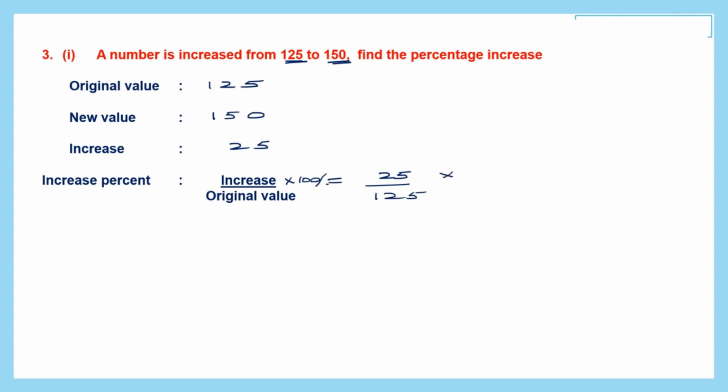Now 25 ones are 25 and 25 into 5 is 125. Now I can cancel 5 and 100. 5 ones are 5 and here 5 into 20 is 100. So we have found the increase percent and that is 20%.